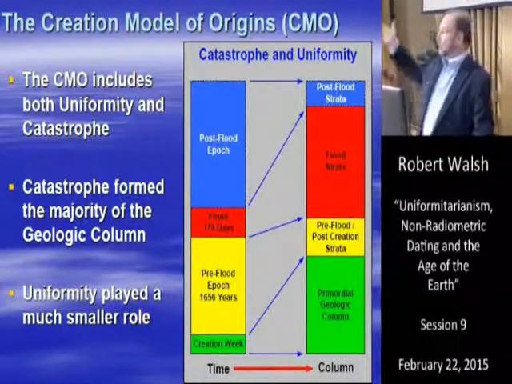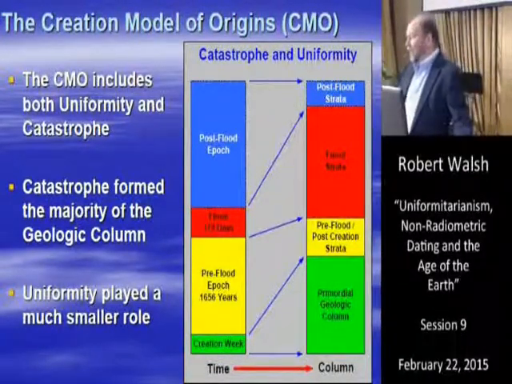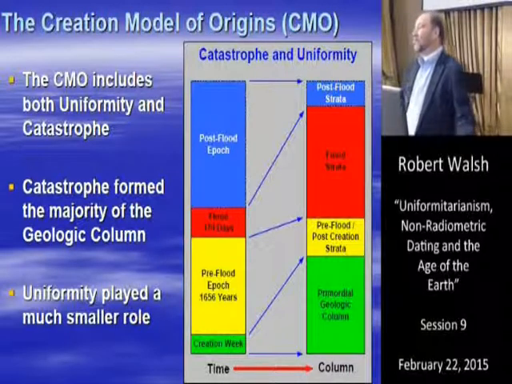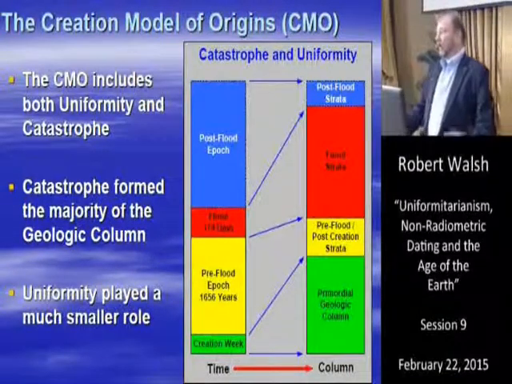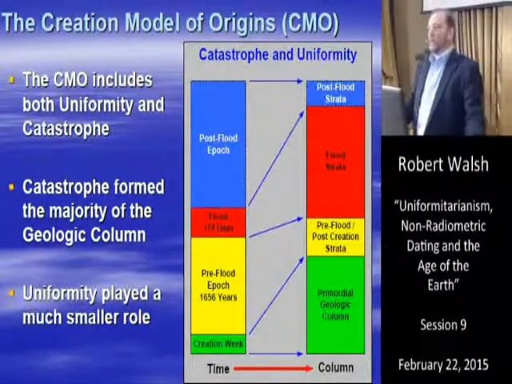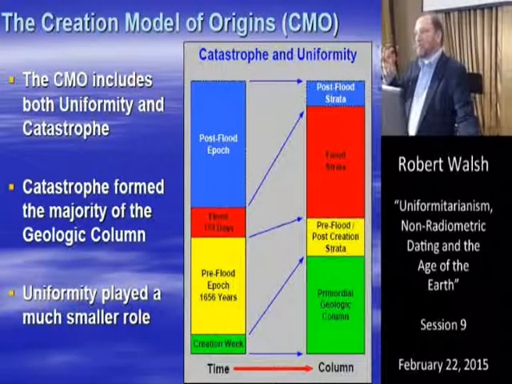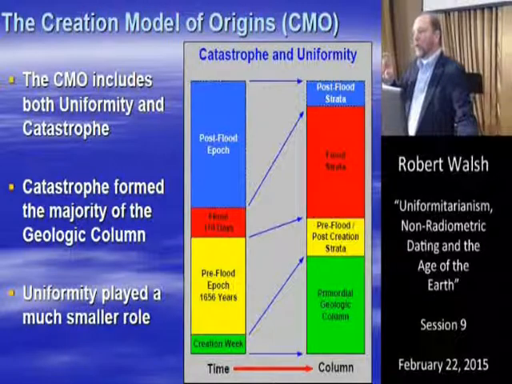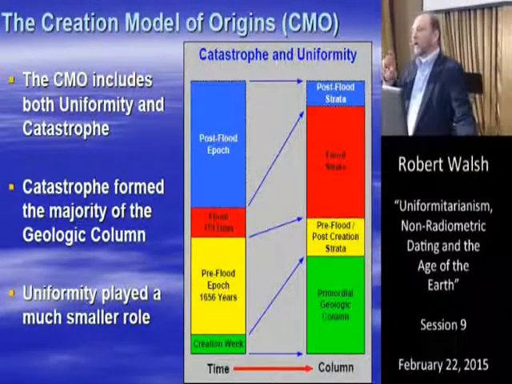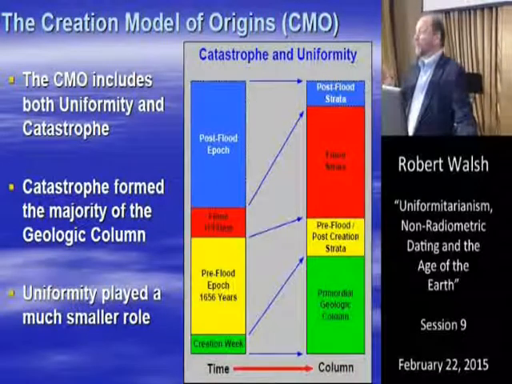Okay, so that if we were to dig down and take out a column of material out of the geologic column and examine that, we would see the majority of those strata, the creation model would predict, formed through catastrophe. The majority of them formed through catastrophe as opposed to uniformity.